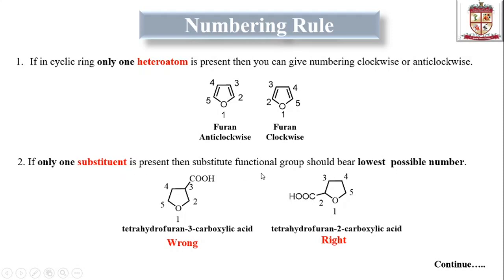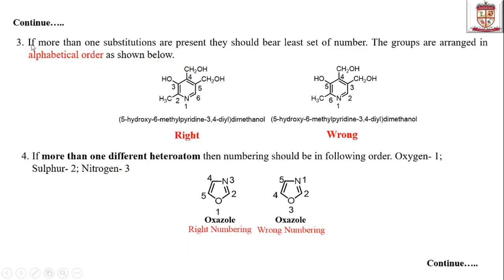That's why the rule is that the functional group carries the lowest possible number. But in this case, more than one substitution is present on the same heterocyclic ring. In that case, the groups should be arranged, or the numbers of those groups should be given, in alphabetical order.